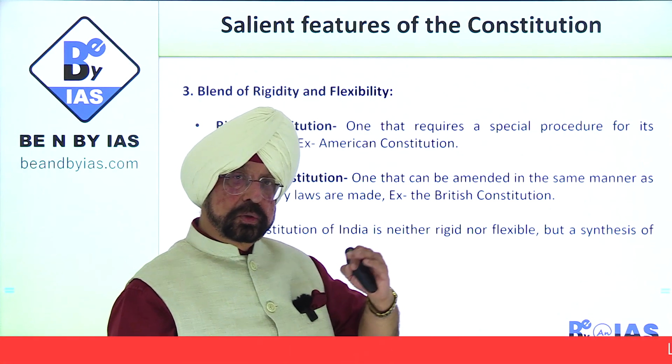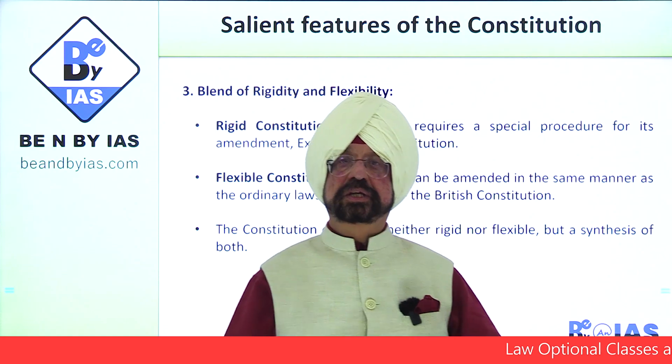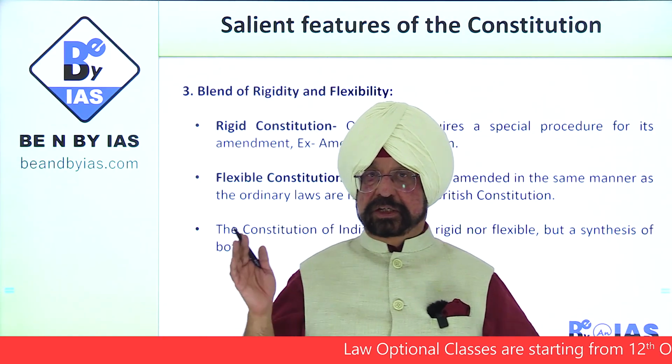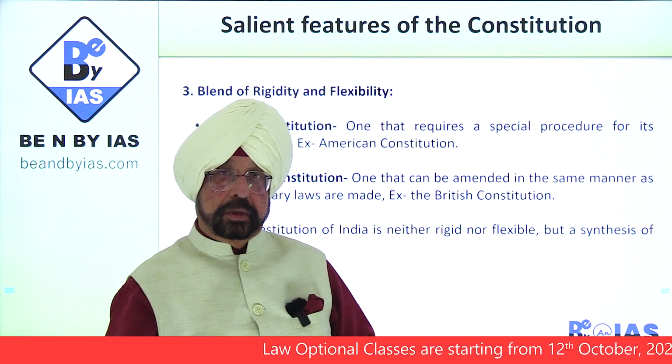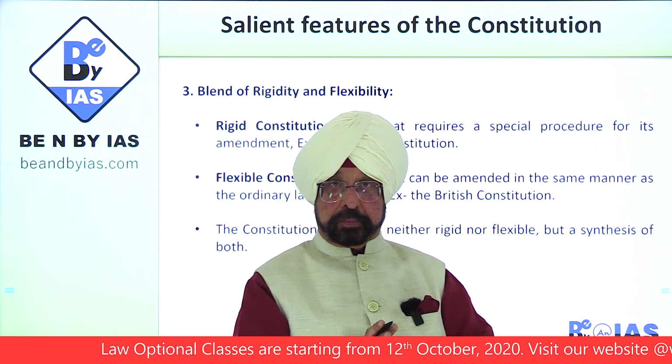And if it is too flexible, then it can be changed easily. So we have not adopted either of these two extreme conditions. What we have adopted is a blend of the two. How?